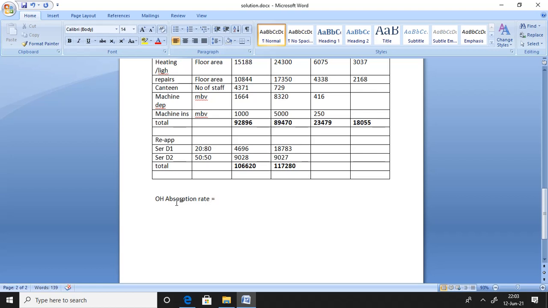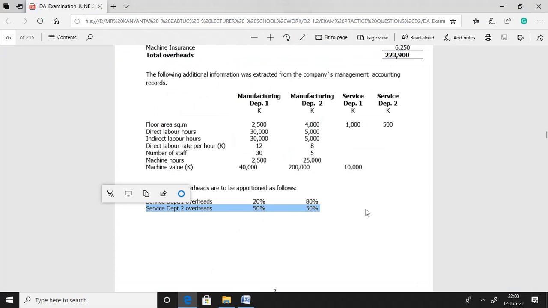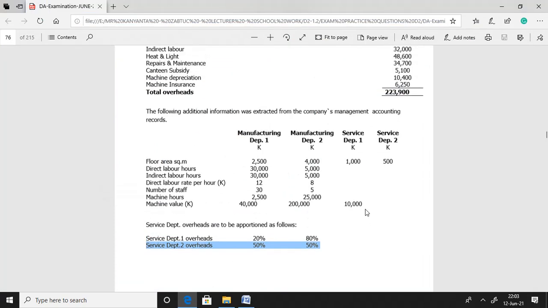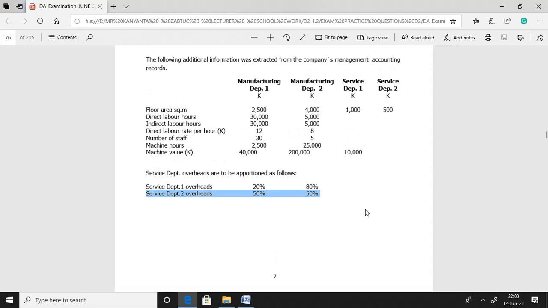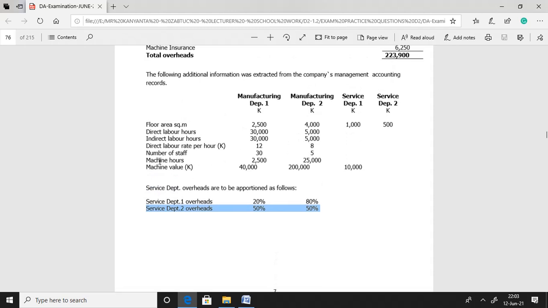The formula for overhead absorption rate is budgeted overheads divided by budgeted activity levels. The question should guide us on the budgeted activity levels, which can be based on either indirect labor hours or machine hours.